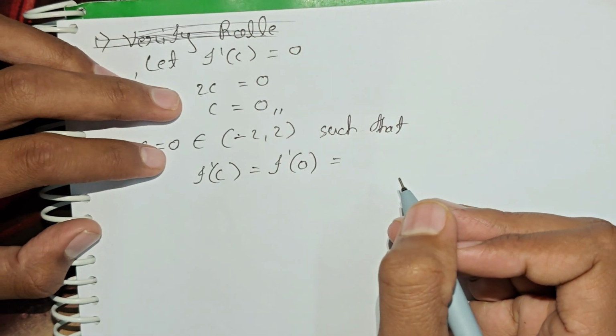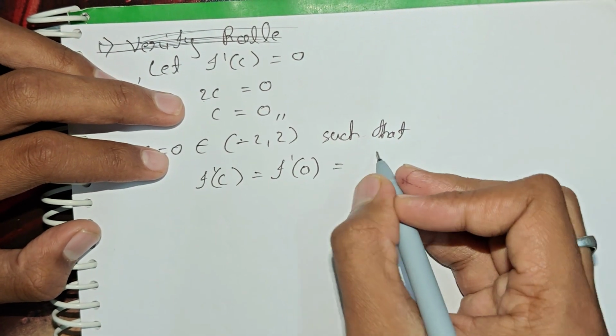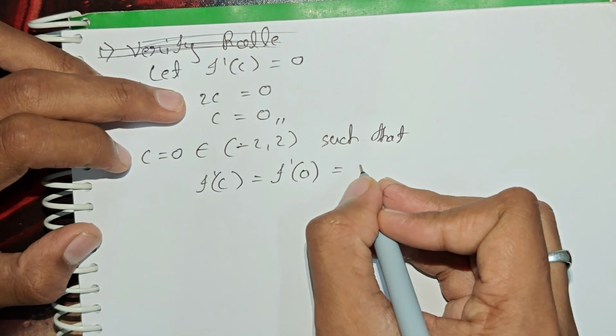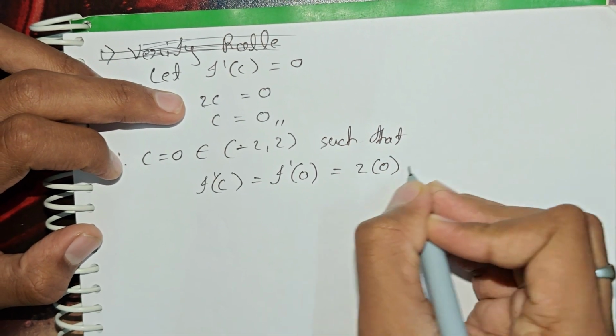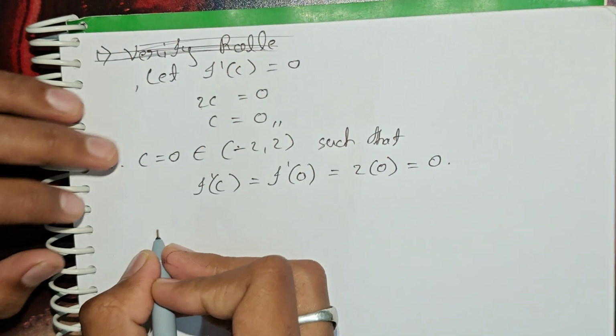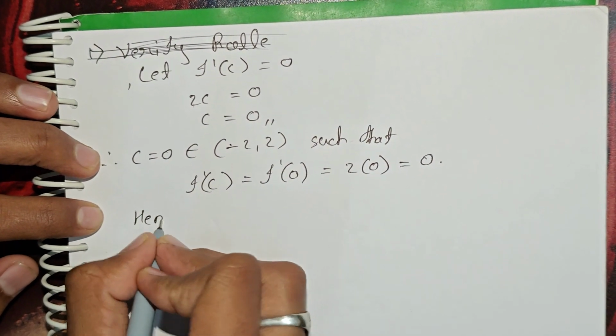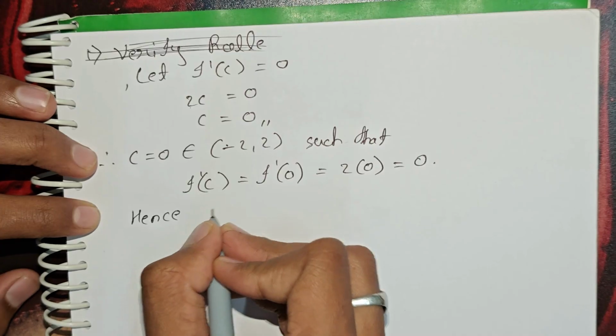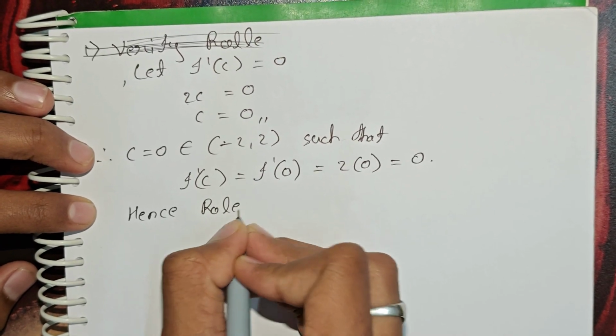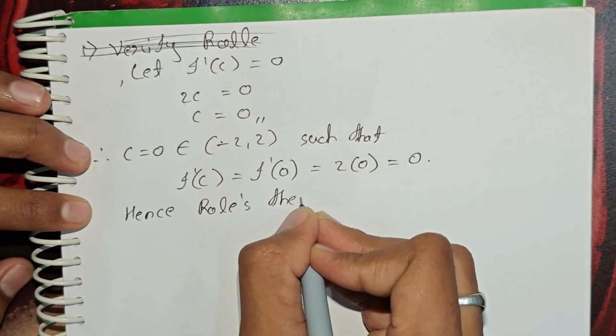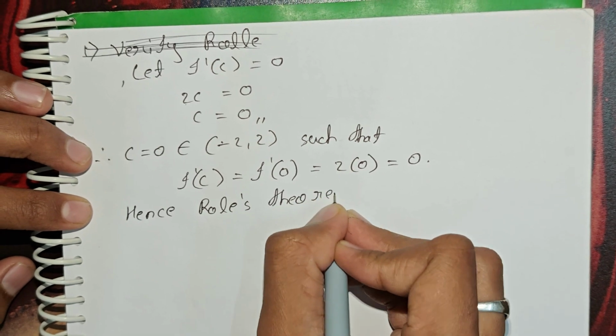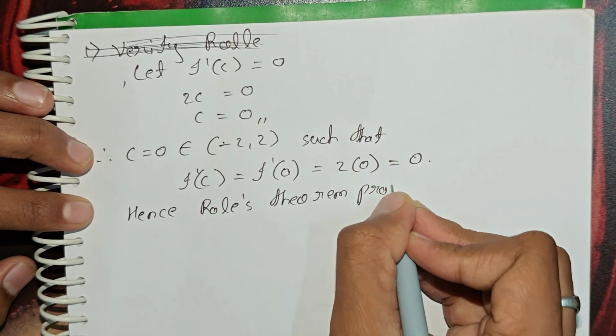And what is f dash of c from before? That is 2c, that is 2 into 0, which is nothing but 0. Hence proved. Hence Rolle's theorem is proved.